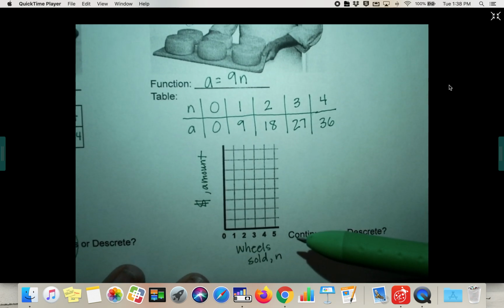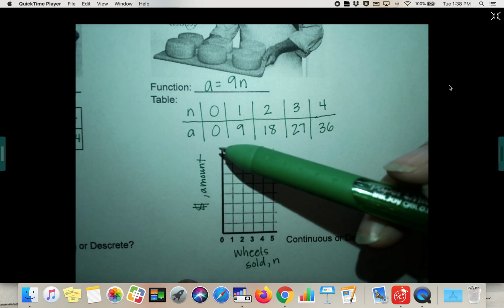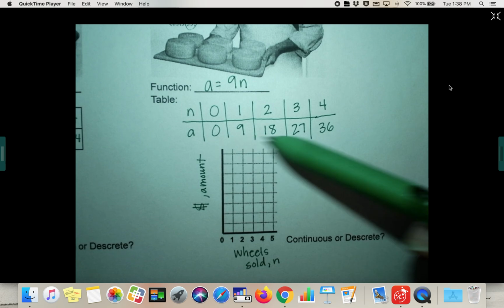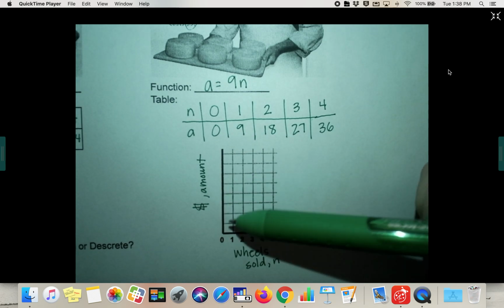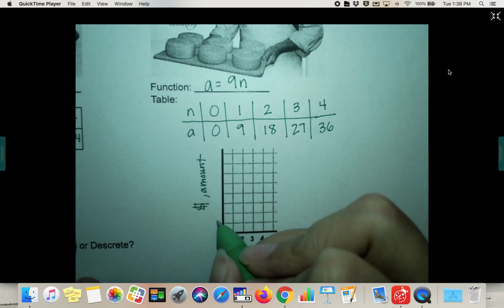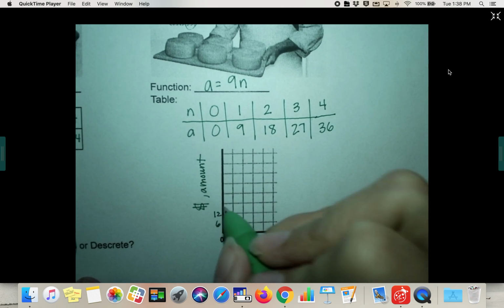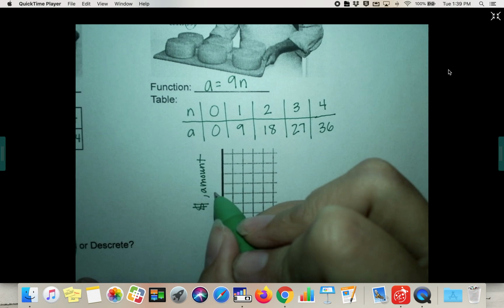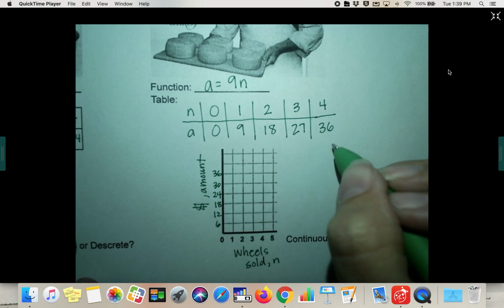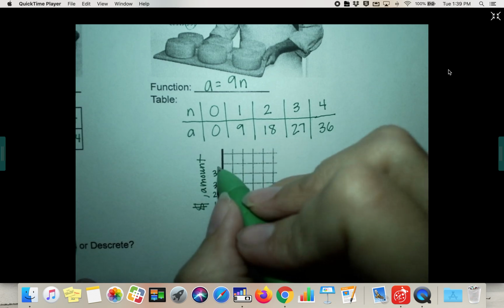Now let's go graph it. We need to choose an appropriate scale on the y-axis, which it looks like our numbers go from 0 to 36. So I think we can count by 6s. Let's try 6s. 6, 12, 18, 24, 30, 36 is really the highest we need to go to.